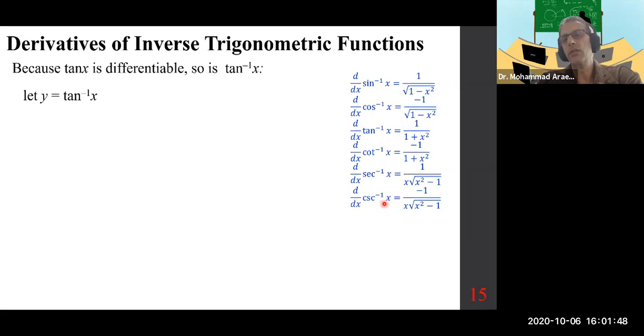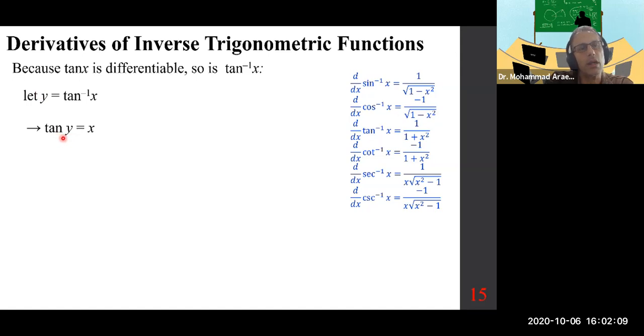Cosecant inverse is the same thing, just change it to a negative sign. So pay attention, and as long as you know 3 of them, you know the rest of them. So what is the derivative of tan inverse? Again, we don't know. Let's write that again as what? Tan y equals x and do the implicit differentiation.